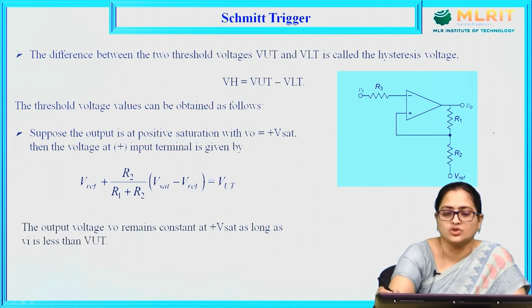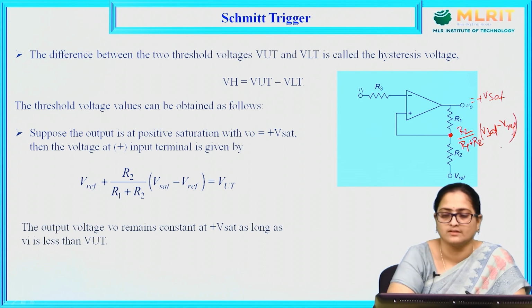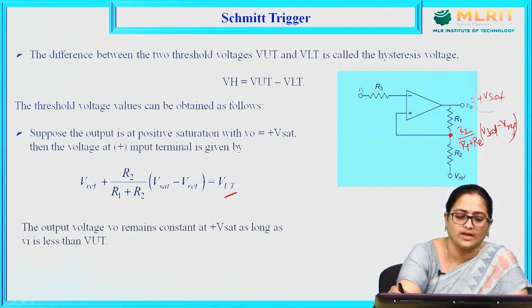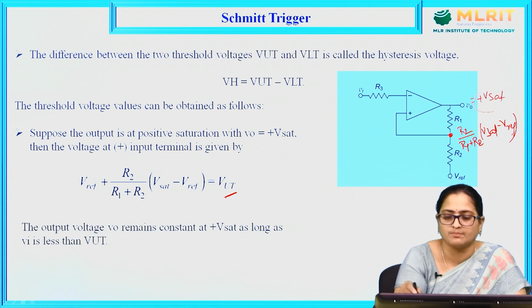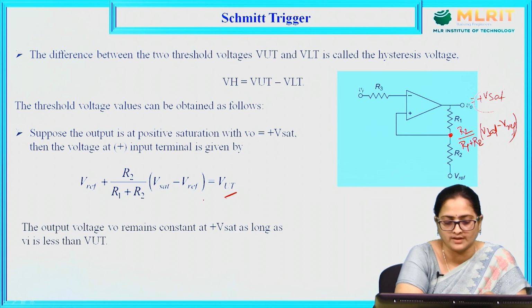Now, let us assume V0 as plus Vsat. So, the voltage across this terminal can be given as V reference, that is R2 divided by R1 plus R2 into Vsat minus V reference. So, if we have a positive Vsat, we will be getting the upper threshold voltage value, and that is given as V reference plus R2 by R1 plus R2 into Vsat minus V reference.